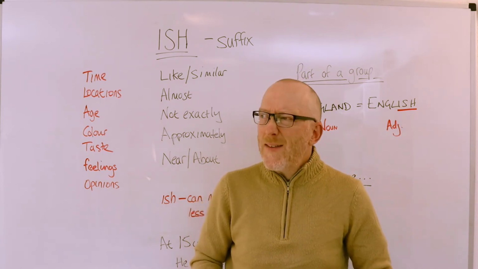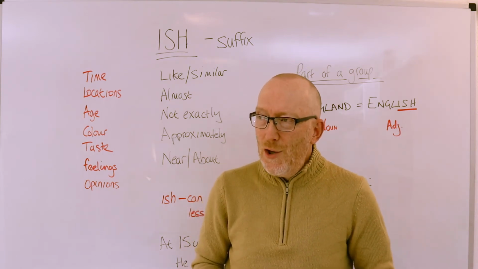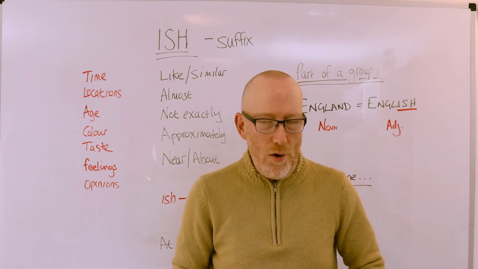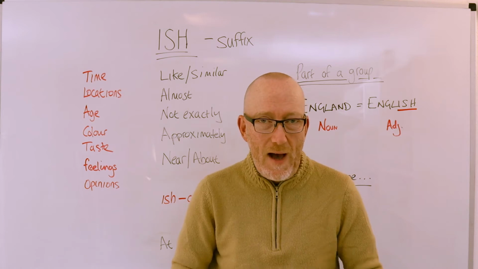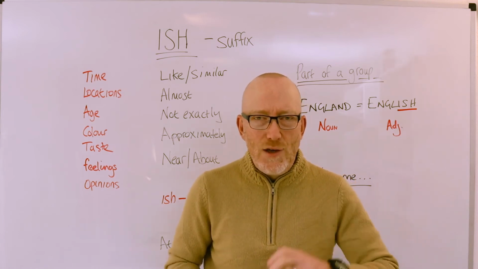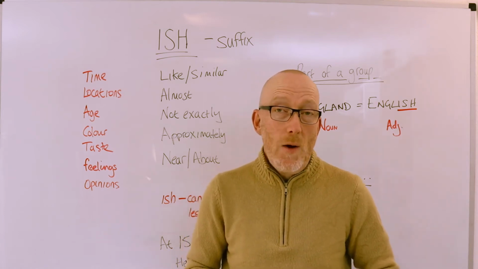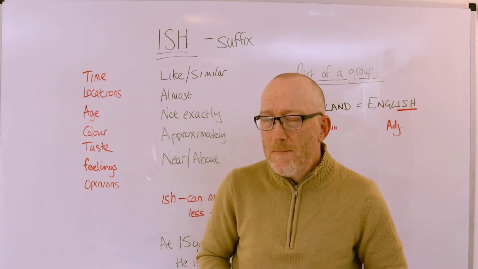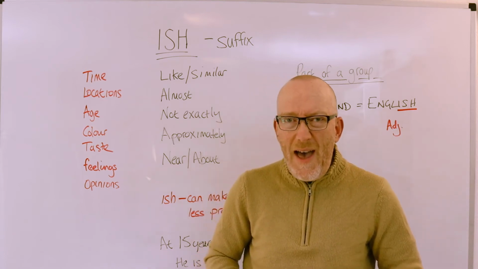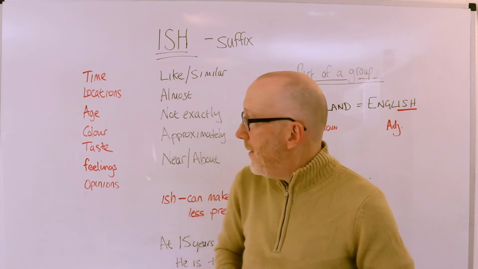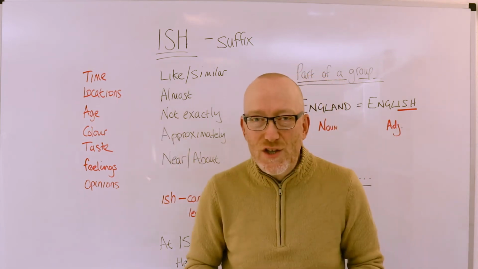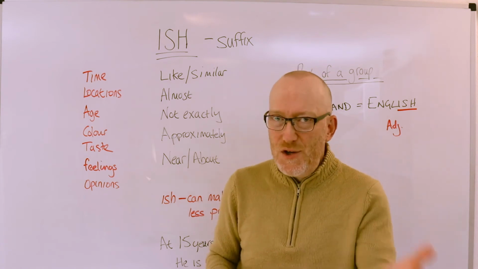So let's say, for example, your favourite city in the world is Rome, and you want to tell me where your favourite restaurant is. I may say to you, well, is your favourite restaurant anywhere near the Vatican City? And you might say, yeah, it's ish, close-ish to Vatican, yeah? So we've described a location that is close-ish to the Vatican.